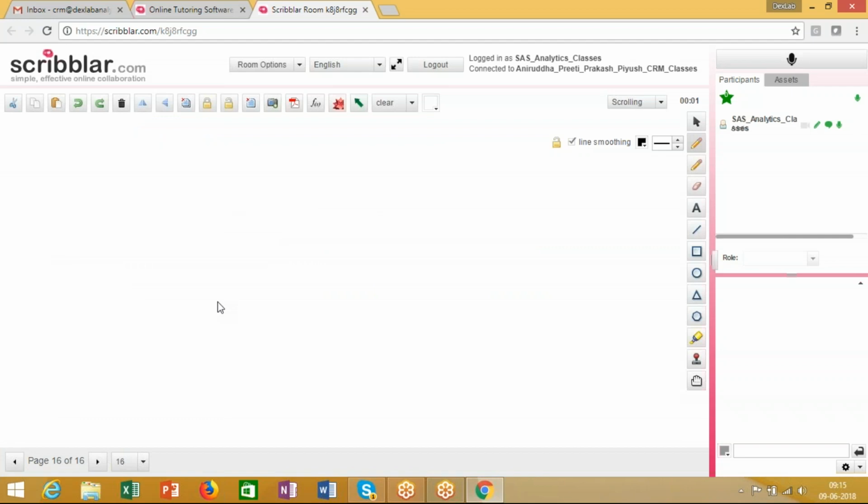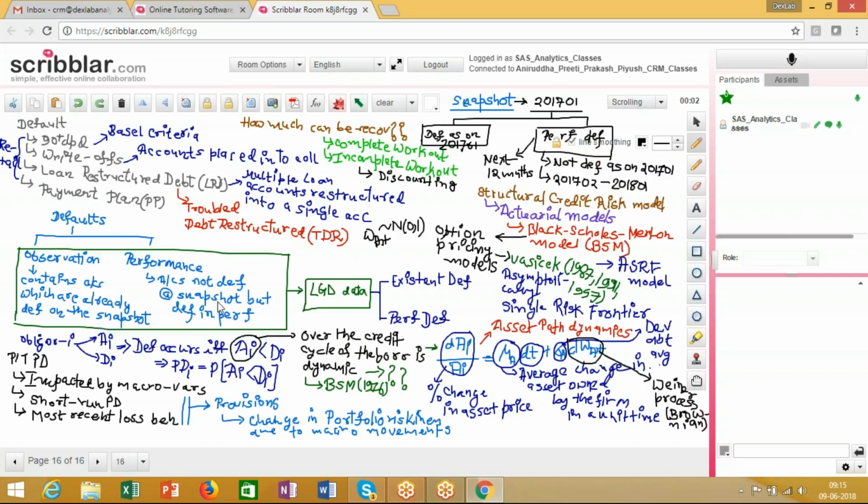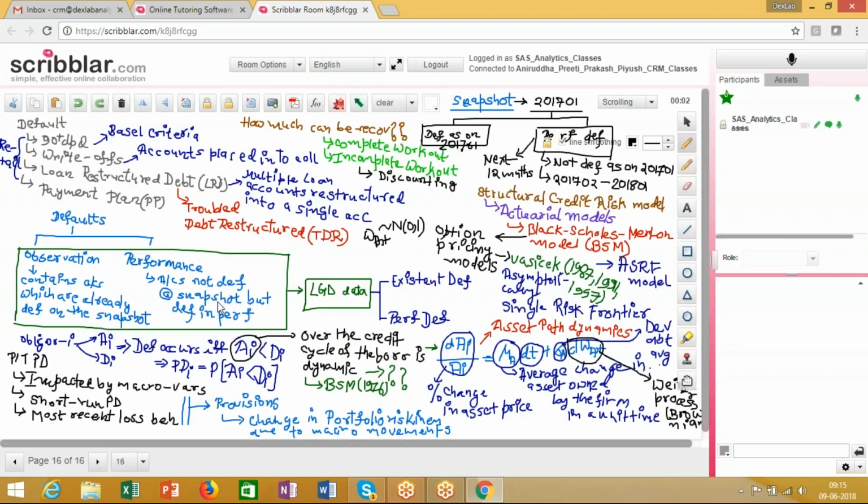But before that, we started exploring what exactly is probability of default and how we could use it, or how we could try and understand what is default and what is probability of default.